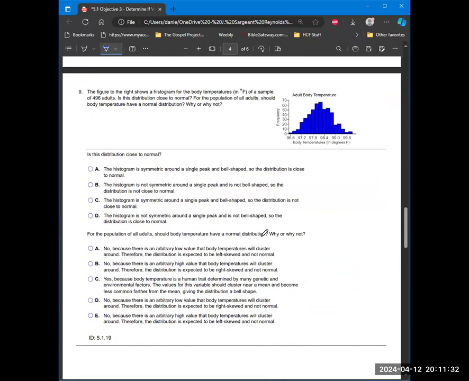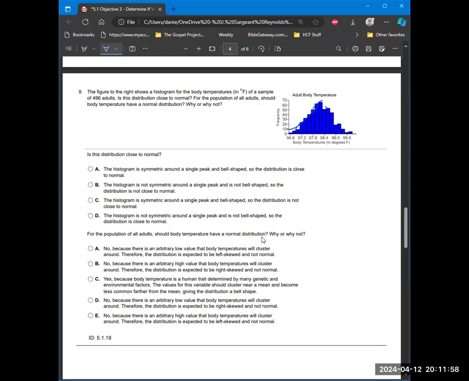Let's keep going here. We're going to look at this histogram now. The figure to the right shows a histogram for the body temperature in degrees Fahrenheit of a sample of 496 adults. Is this distribution close to normal? And for a population of all adults, should body temperature have a normal distribution, why or why not? So this looks fairly symmetric.